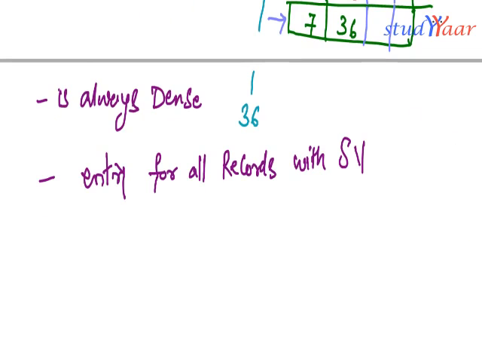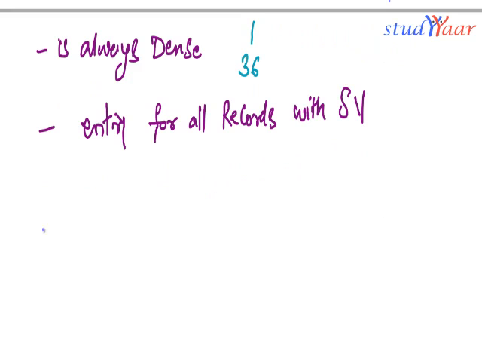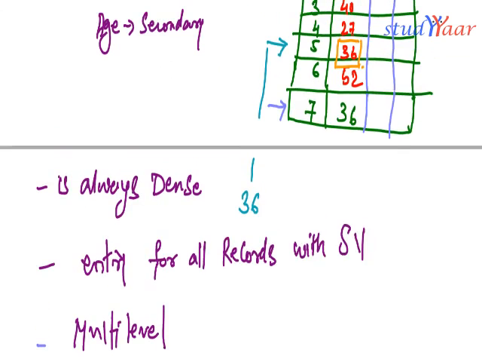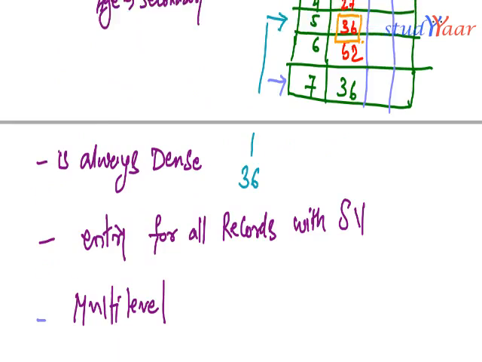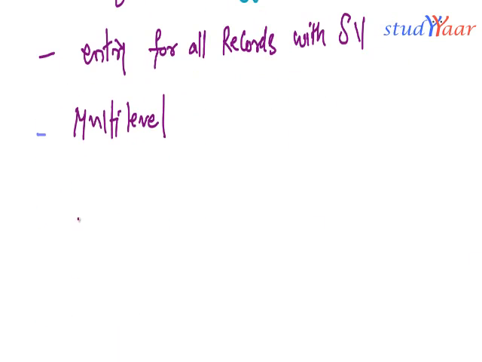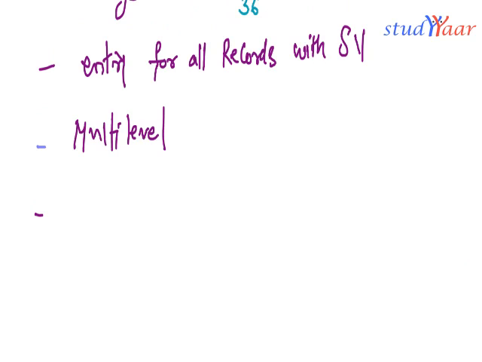Okay, also most of the times it is multi-level, right? Because it's already dense, finding a particular record would be very difficult because we have large number of records. So we need to have multi-level so that we can quickly find a particular record. Okay, why do we create this?